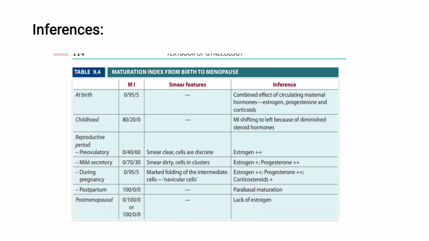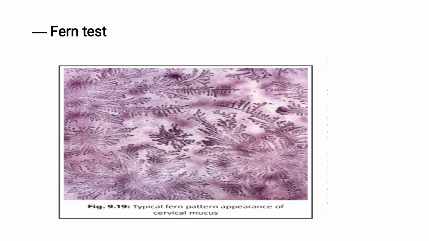Then mild secretory, that is smear is dirty and cells in clusters, inference is estrogen present, progesterone present. Then during pregnancy, that is marked folding of the intermediate cells, navicular cells. Then postpartum and postmenopause. Then Fern test, that is typical Fern pattern appearance of the cervical mucus.